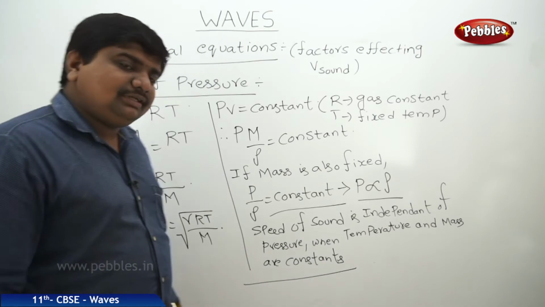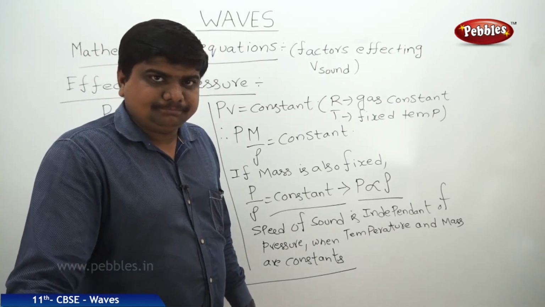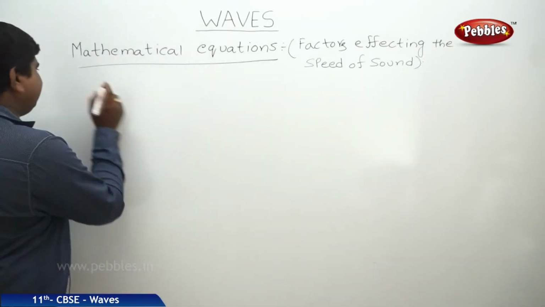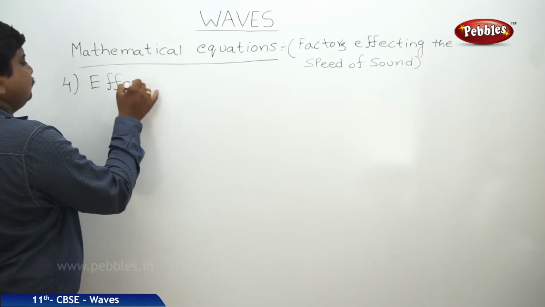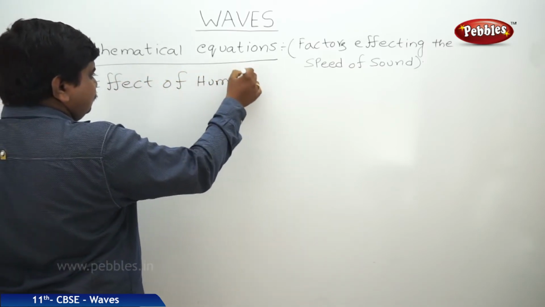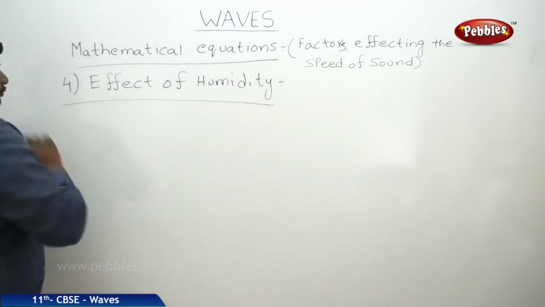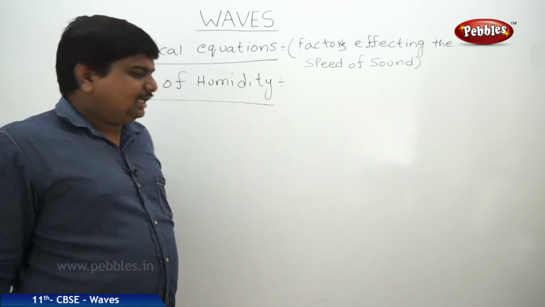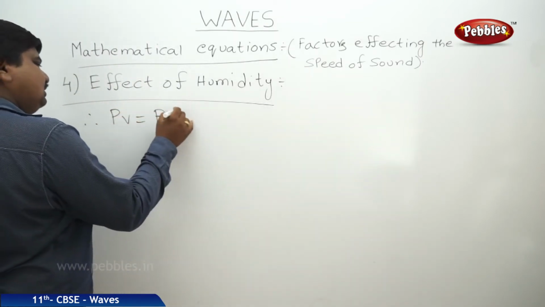The next factor we should expect is effect of humidity. So what we can say in this case is PV is equal to RT.